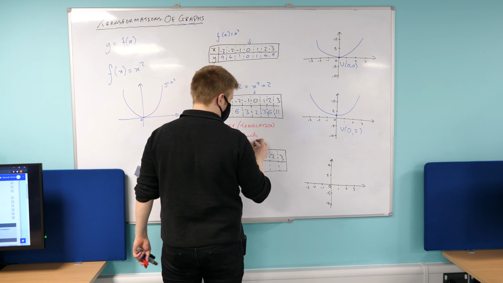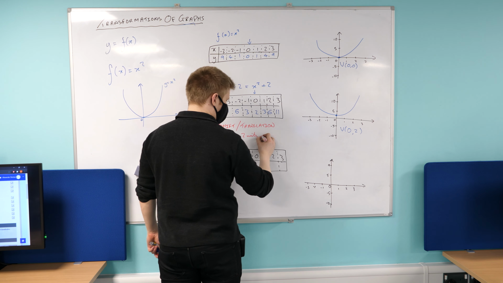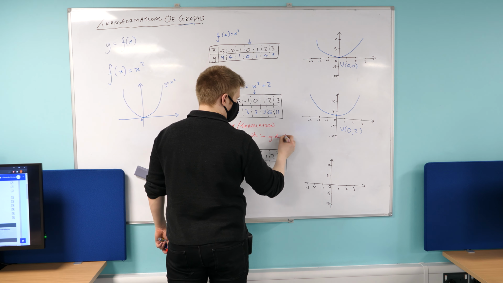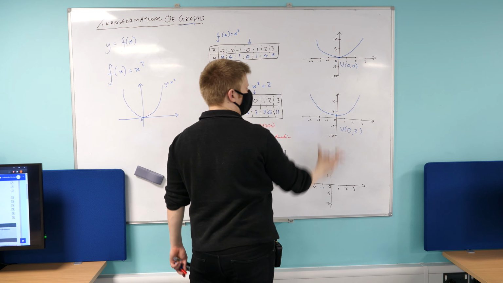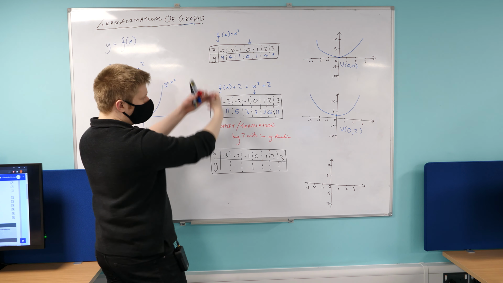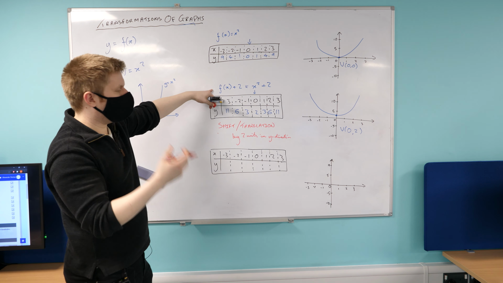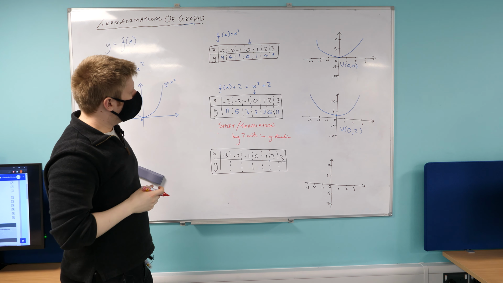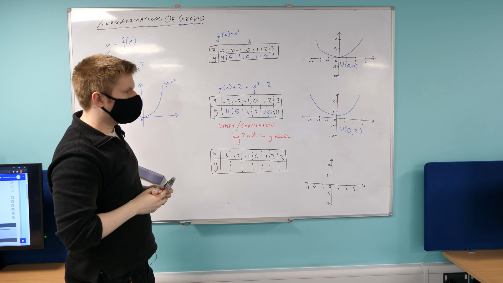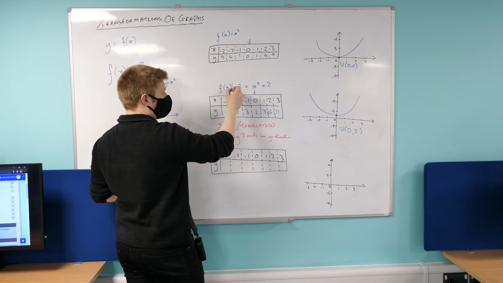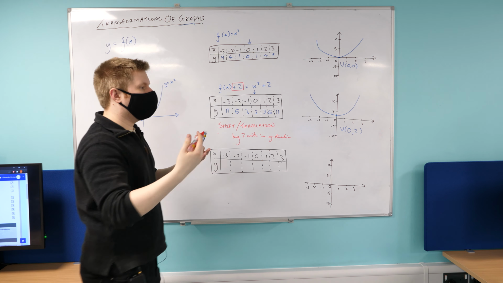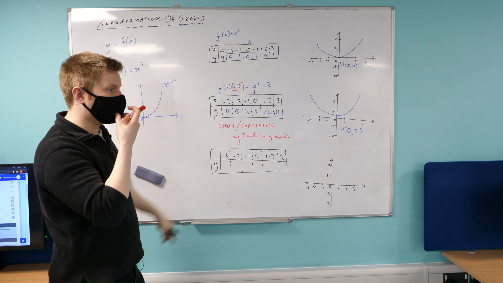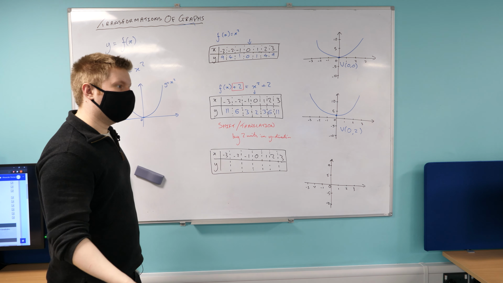Y direction. Okay, so shift or translation by 2 units in the y direction. What that's literally saying is you take this graph and shift it up by 2. Can you see where that 2 is buried within our function notation? Yeah, exactly. So basically I'm just adding 2 to my function, and that should correspond to a shift or a translation by 2 units in the y direction.